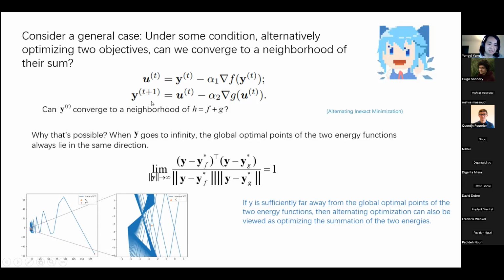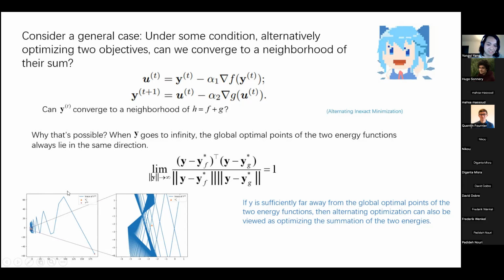The idea is that if y is infinitely far from the optimal point of h, then the optimal points of h, f, and g will be nearly in the same direction. So whichever function you optimize, you are nearly optimizing the other function too, when y is infinitely far away.